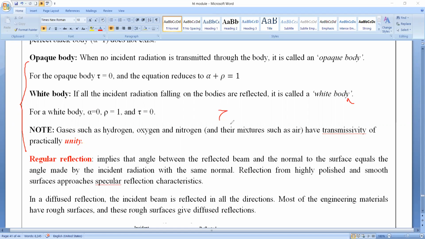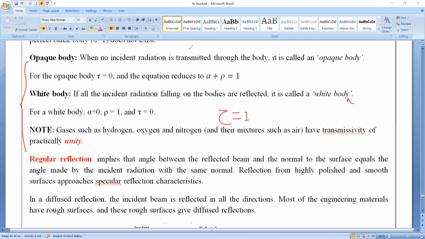Transmissivity tau is equal to 1. Those air particles will not absorb the radiations, neither will they reflect them. Instead, they will transmit all the radiations falling on the gas molecules. I hope this is clear.